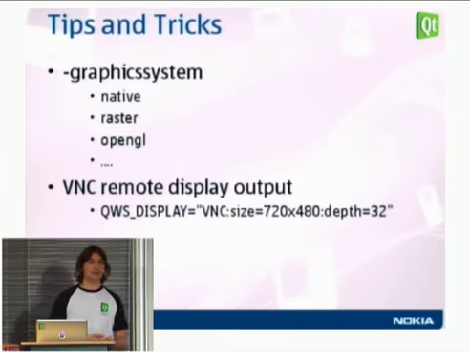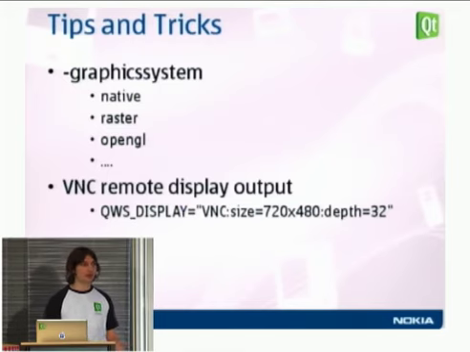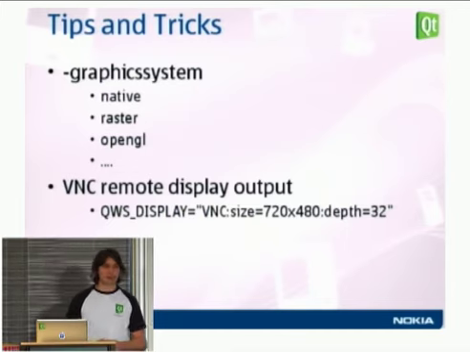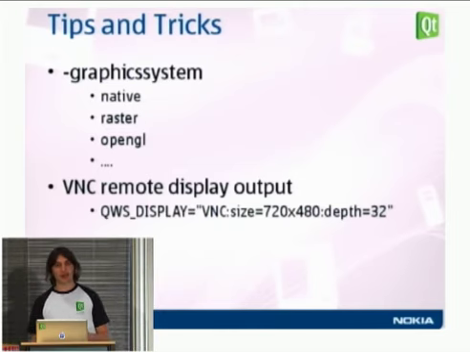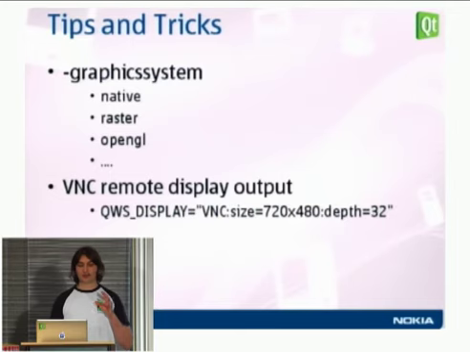Let's say you have OpenGL for your target, but the development is not yet finished and you're not sure if the application causes a weird output or it's the graphic system or the OpenGL backend. You can just switch it to raster, for example. It's the best tested graphic system in Qt, and usually if it looks okay in raster, then the other graphic system has some issues.